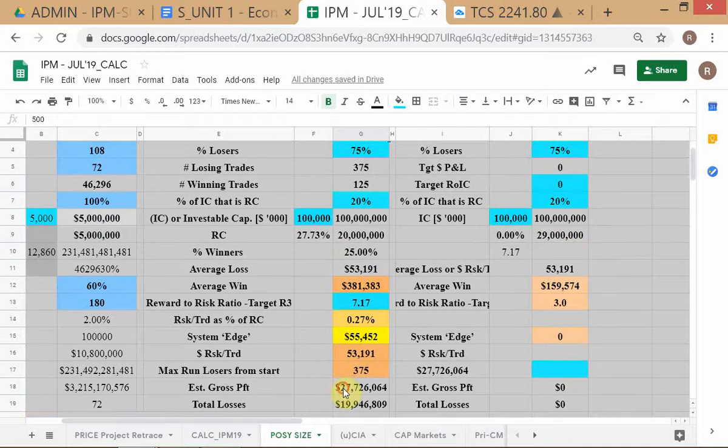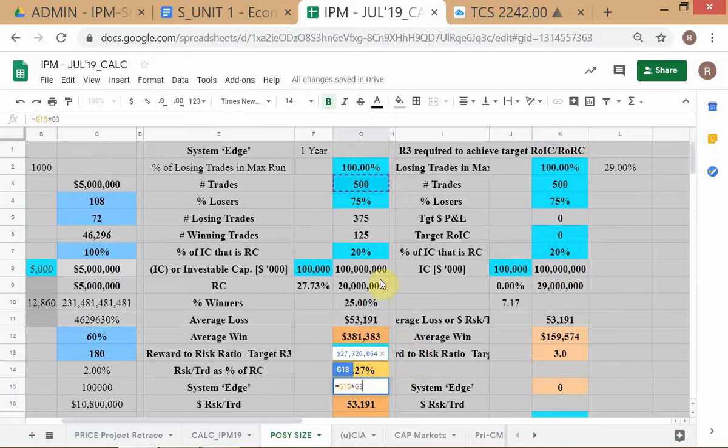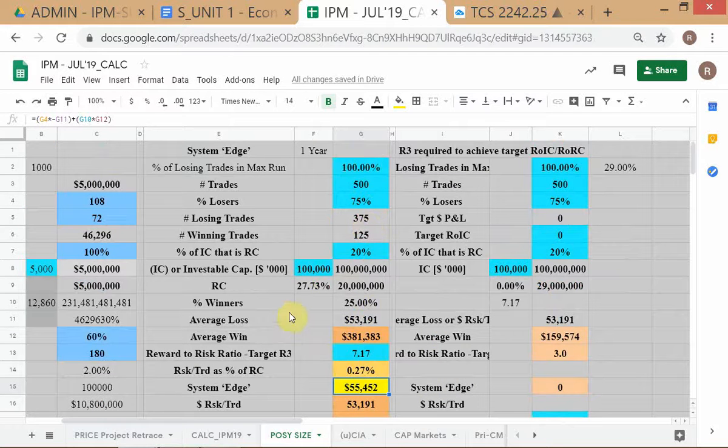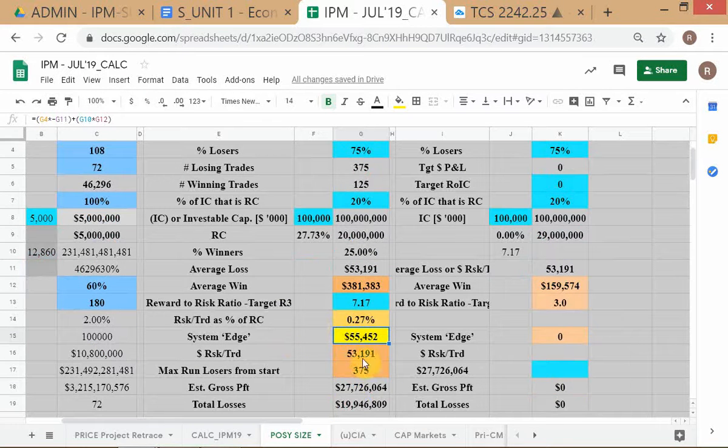So therefore another way to write the estimated gross profit is the total number of trades into system edge. Can you see that? Total number of trades into system edge is equal to the total profit.